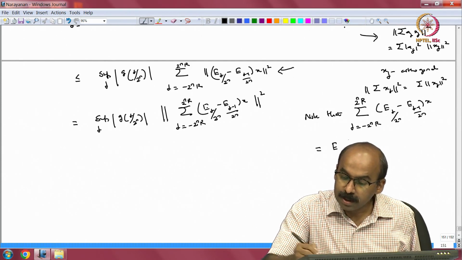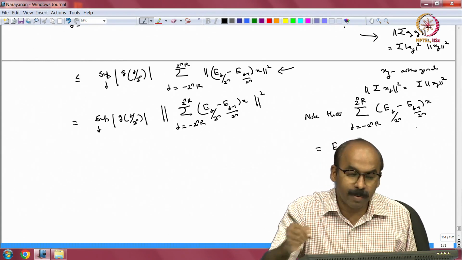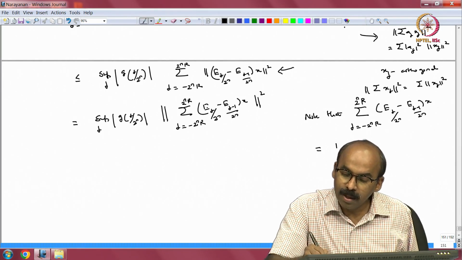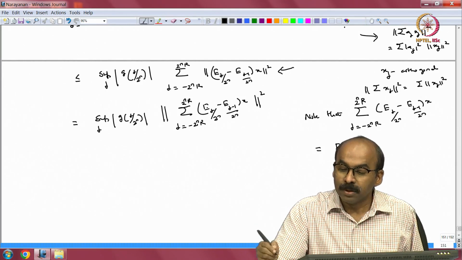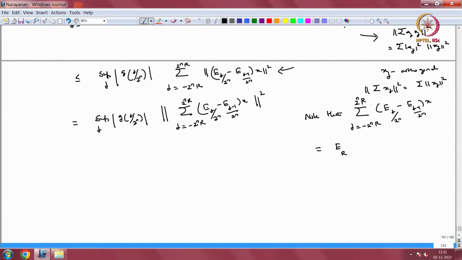Let me write the right end point first. That would be E r, since for j equal to 2 to the n r, I put E j by 2 to the n and get E 2 to the n r by 2 to the n, which is E r. Then there is a minus something, and in the next term that same thing will come with a plus sign and it all gets cancelled, and only the last term, the negative term, will remain, whatever is coming with the minus.